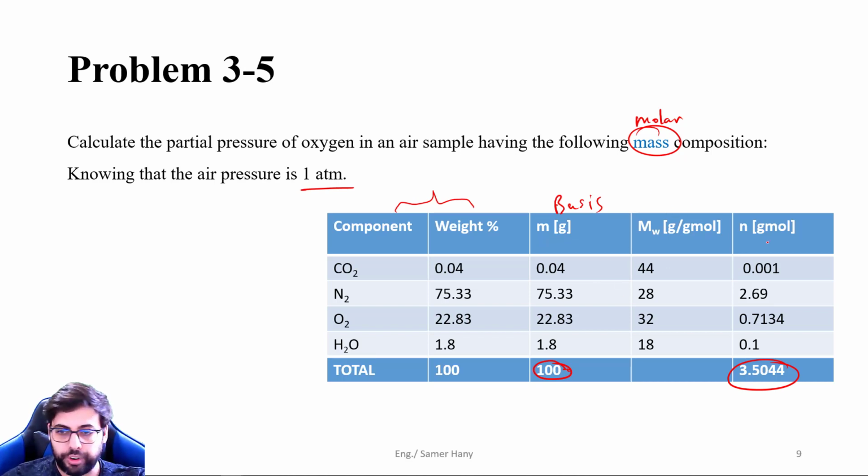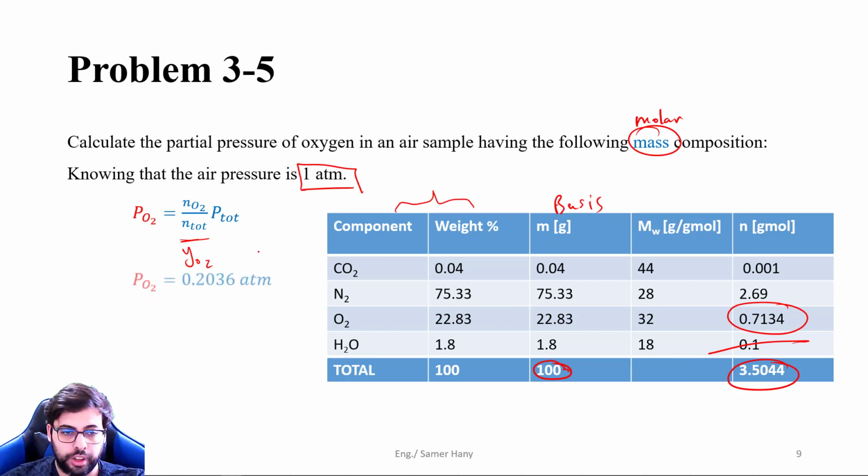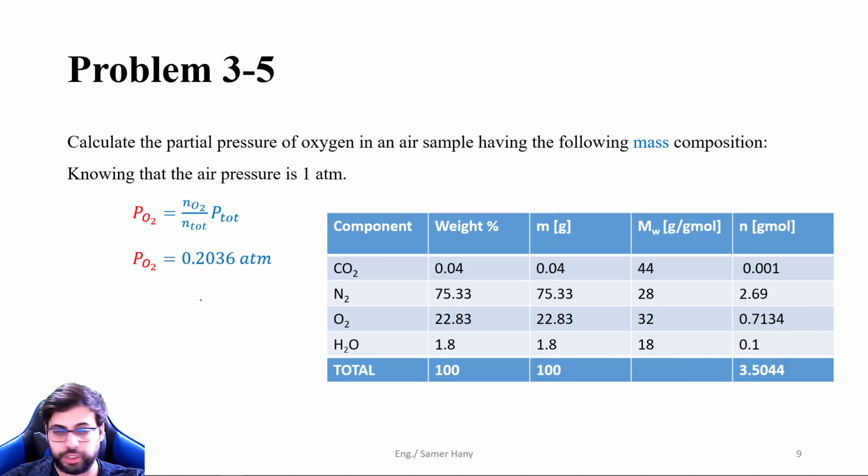We need the molar fraction for oxygen, because the oxygen partial pressure will be the molar fraction of oxygen, this is Y oxygen, times the total pressure, which is 1 atmosphere. Okay, so to get the molar fraction for oxygen, we need the number of moles for oxygen over the total number of moles, and we can get the partial pressure for oxygen in this case.